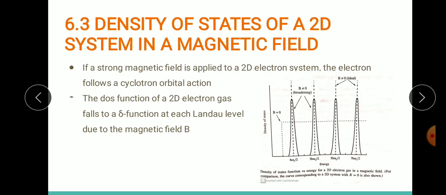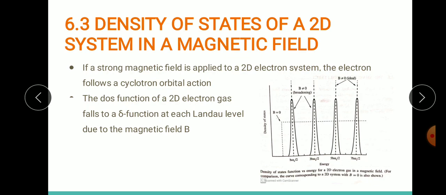Now let's see what effect this magnetic field has on the density of states function of a 2D system. So we have seen its effect on a crystal, on a 3-dimensional system, and on a 2-dimensional system. Now let's see its effect on the DOS of a 2-dimensional system.